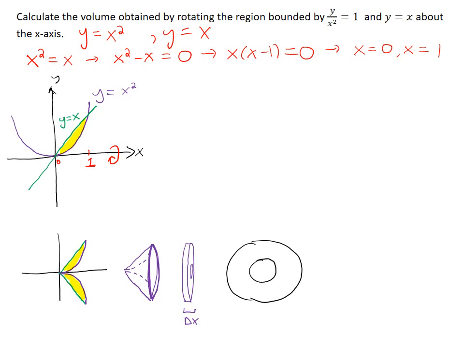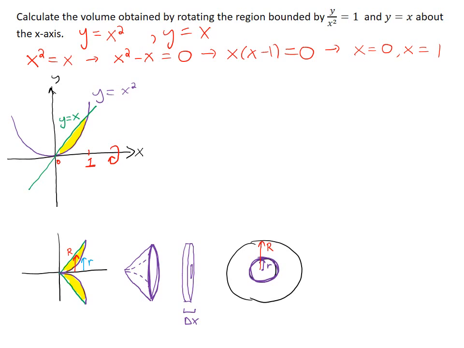Okay, the distance from the center to the inner circle, we'll call that little r. And the distance from the center to the outer circle, big circle, I'll call that capital R. And I'll label it also on the graph on the left hand side. So that's your capital R up there. And then here's your little r here. Little r is always the curve that's closest to the axis of rotation.